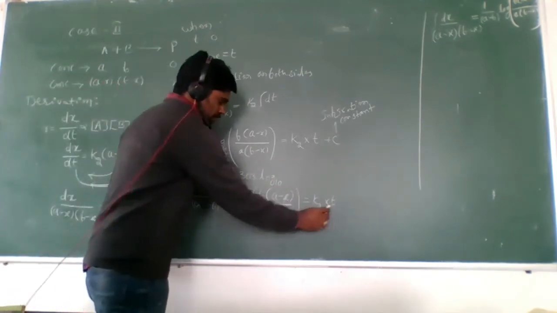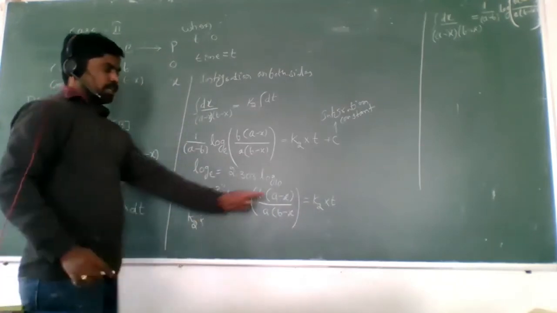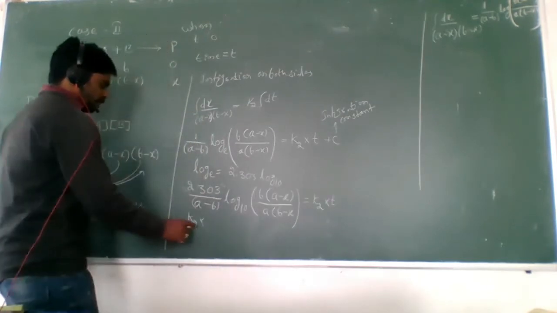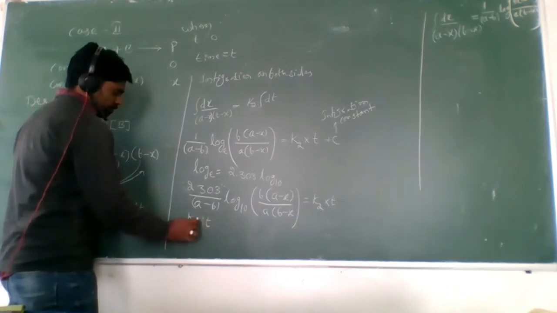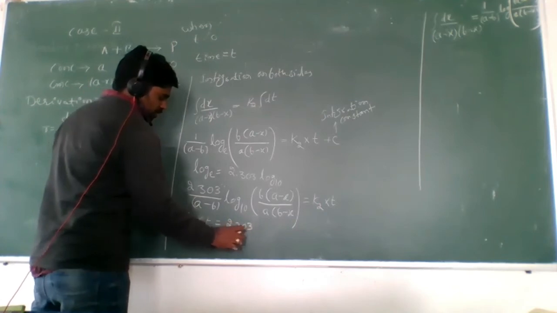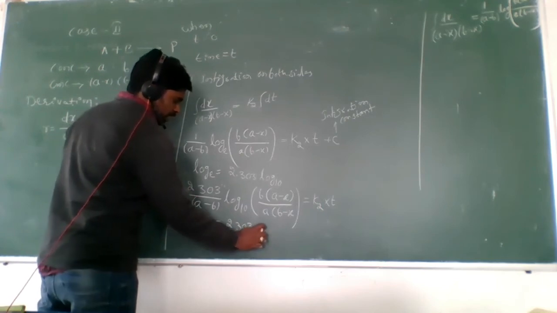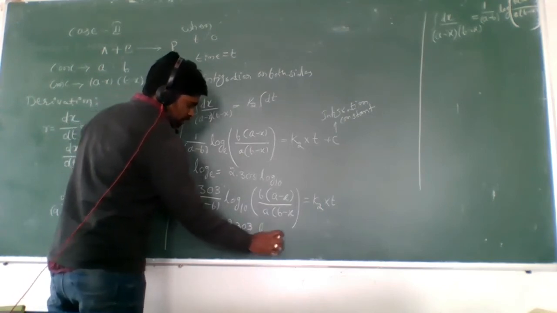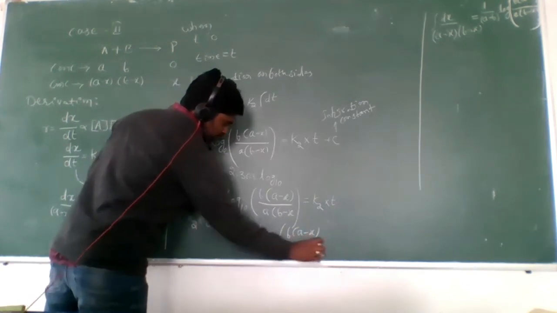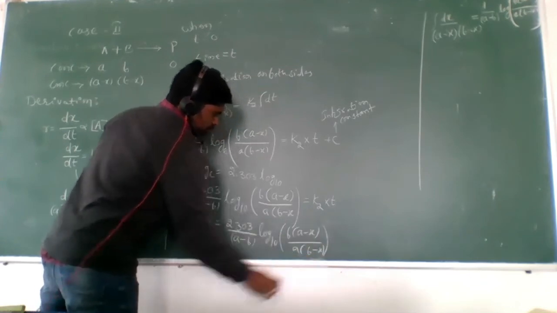Next, I start with k2 t equals 2.303 by (a minus b) log base 10 of b(a minus x) by a(b minus x).